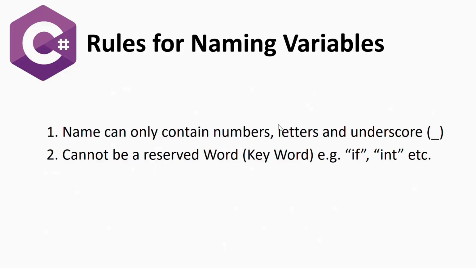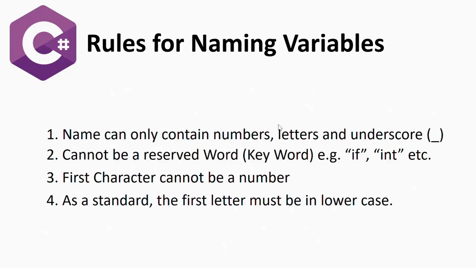A reserved word is a word with special meaning in C#, for example, words like if, int, etc. So you cannot use a reserved word as a name for a variable. Number 3, first character cannot be a number. Number 4, as a standard, the first letter must be in lowercase.